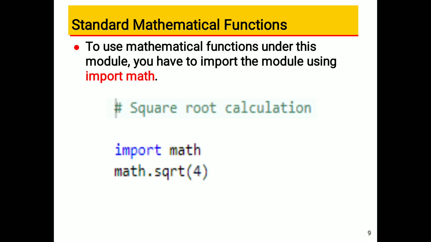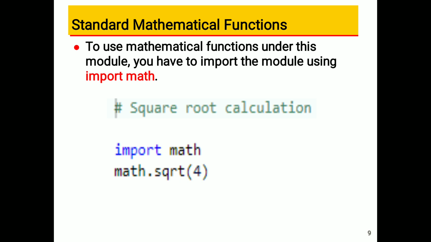Here math is a module. In that, all mathematical related predefined functions are stored in the math module. Here, a comment: import math, square root calculation. math.sqrt of 4. In the math module, the sqrt function is there.